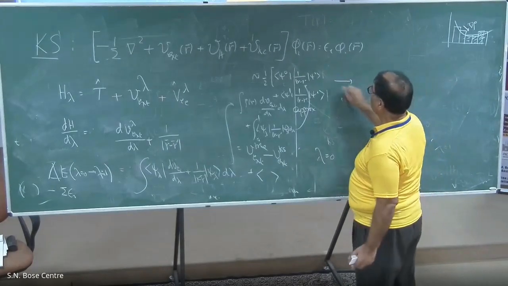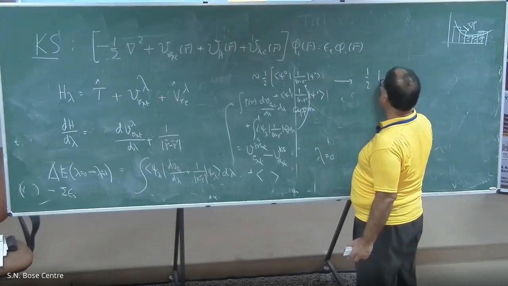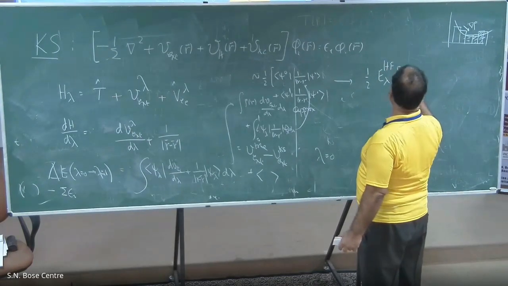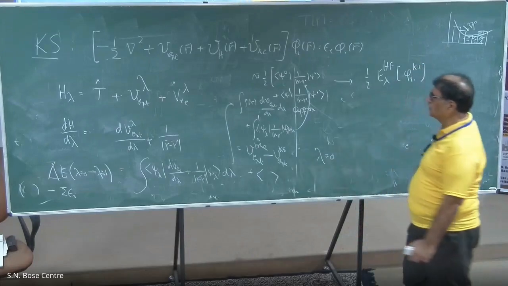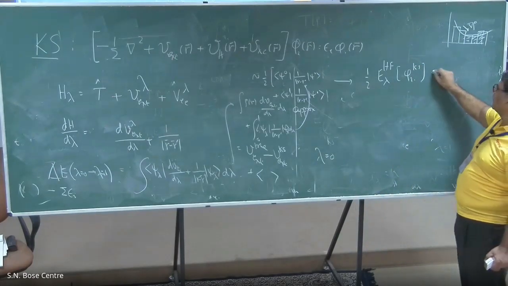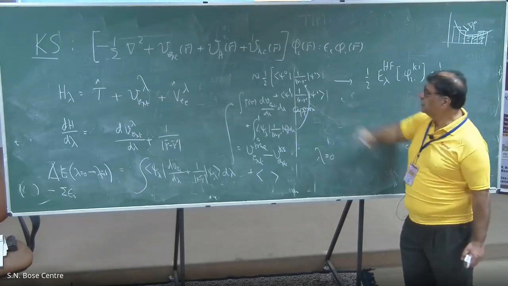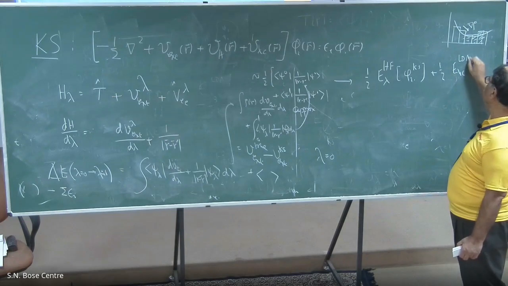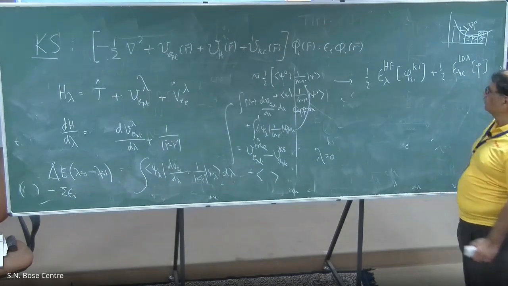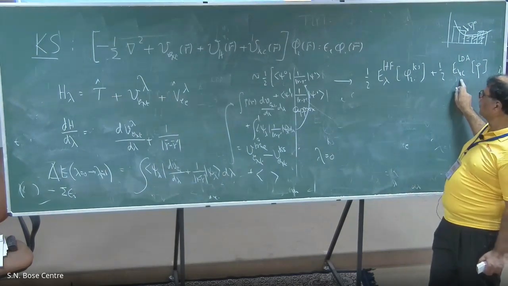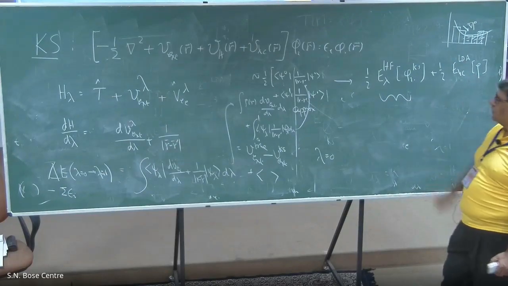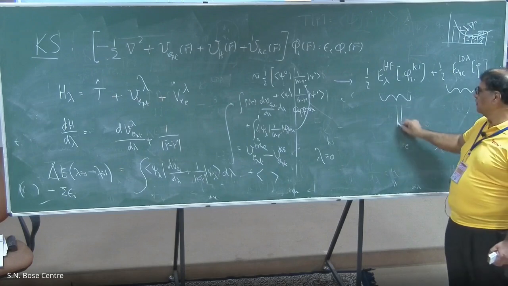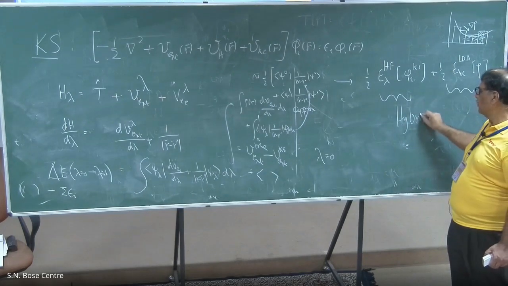So from here, the first one I can write as 1/2 E exchange Hartree-Fock, made from the Kohn-Sham psi 0 wave function, plus 1/2 E XC, which I approximate, whatever, LDA, of rho. So I use an approximation here. I'm mixing half of Hartree-Fock, half of the approximation. Right? This is a hybrid functional. This is how it started.